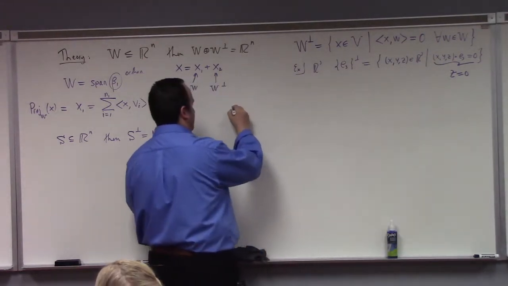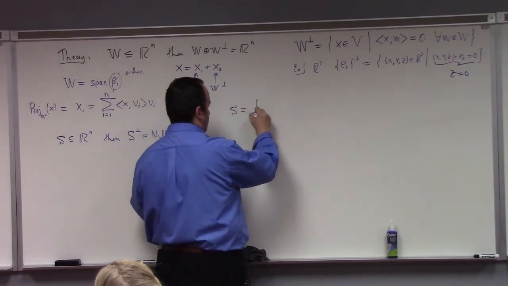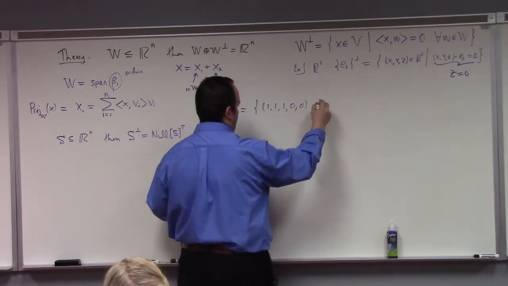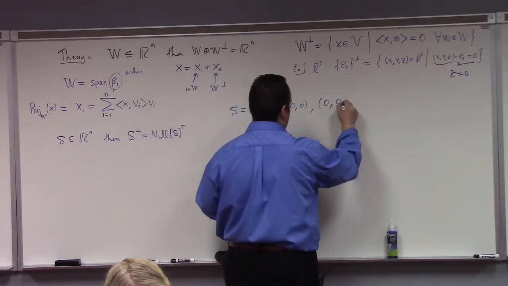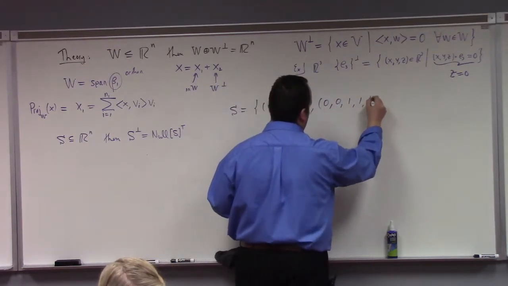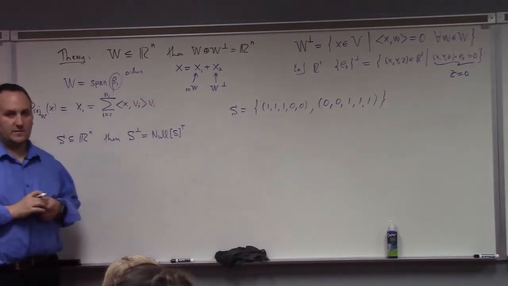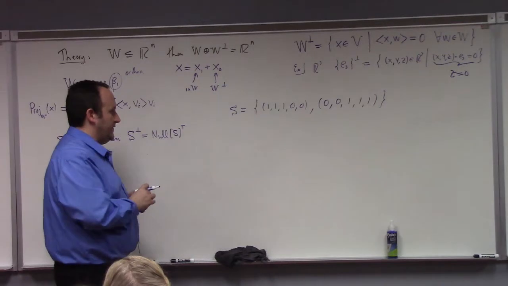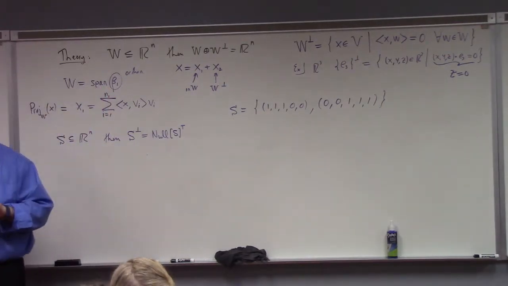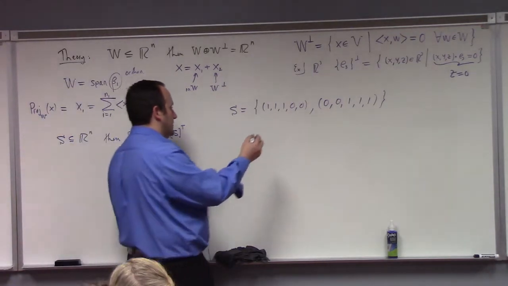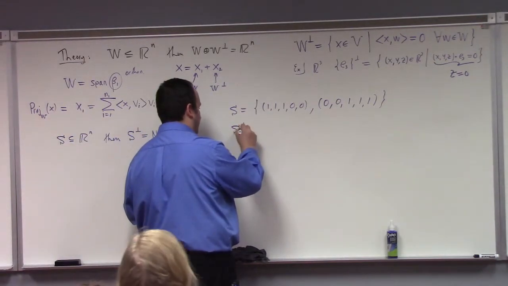So if we had S equal to the span of (1, 1, 1, 0, 0) and (0, 0, 1, 1, 1), just to keep the math somewhat easy here, suppose I want to find a basis for the perp to S. What would S perp be?